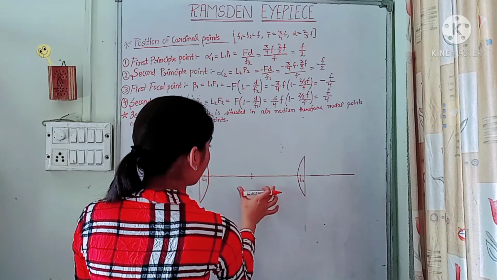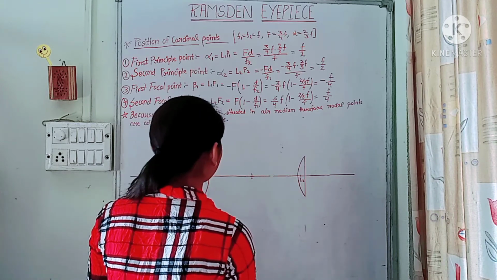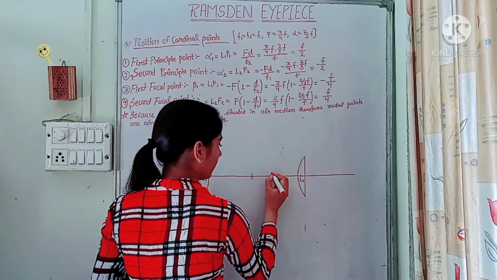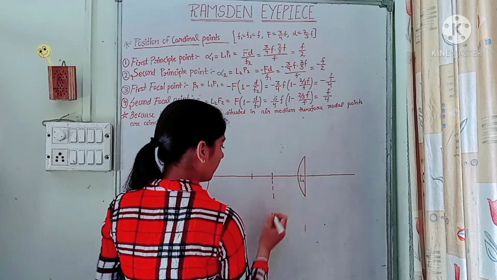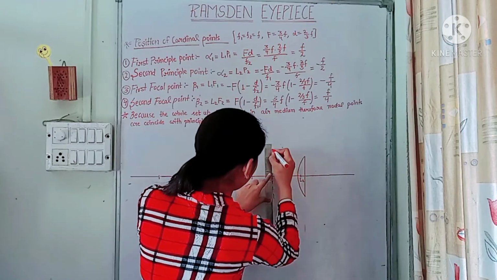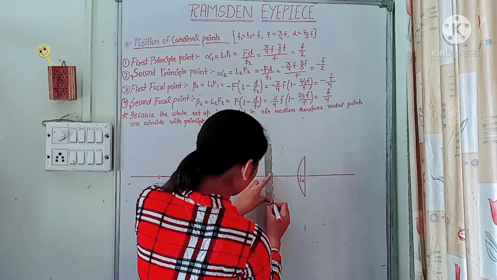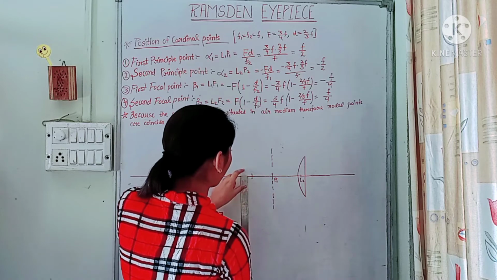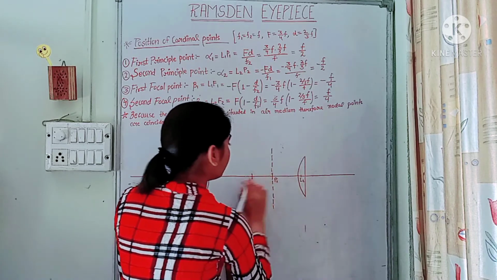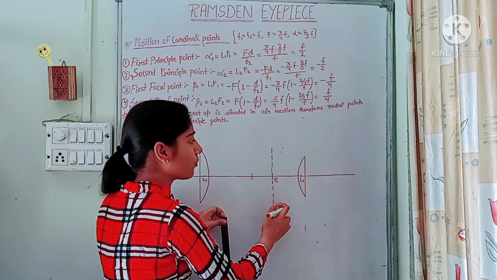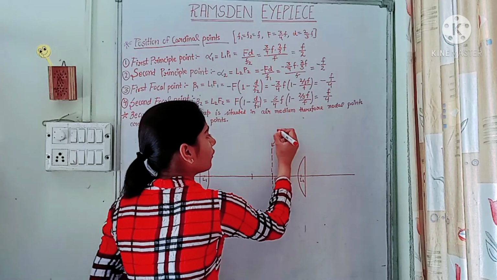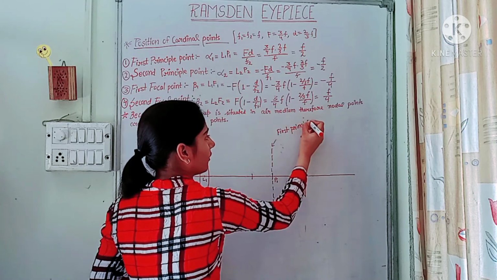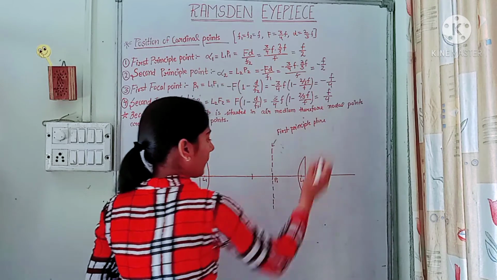This is F by 3 and F by 2 is greater than F by 3, so it will be over here. This point is P1, and the perpendicular to the principal axis passing through this point will give you the position of the first principal plane.